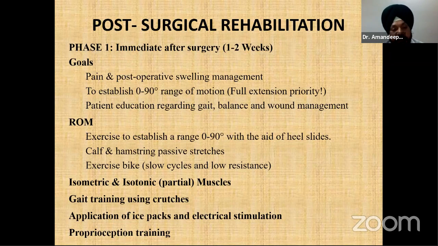Then gait training using crutches, gradual progress; we will start with 2 crutches and gradually progress to a single crutch. Then application of ice packs, electrical stimulation, and proprioception training we can start in the initial phase, with single leg weight bearing and both legs weight bearing, depending on the condition of the patient.